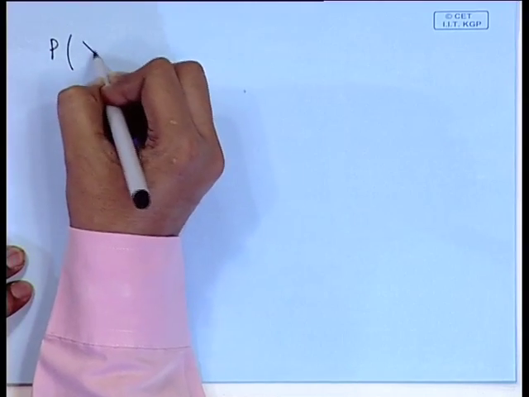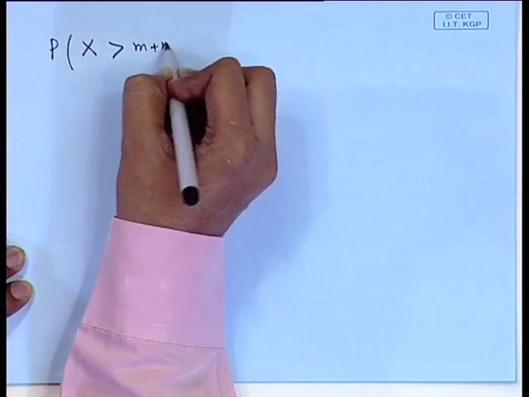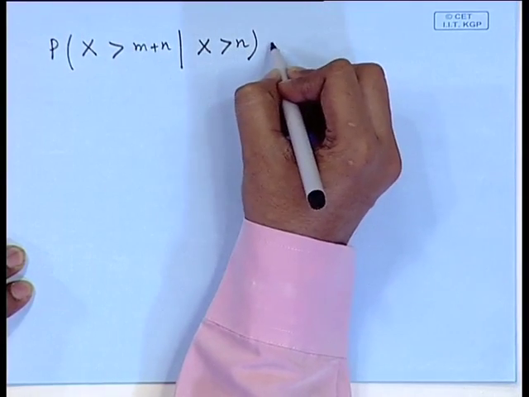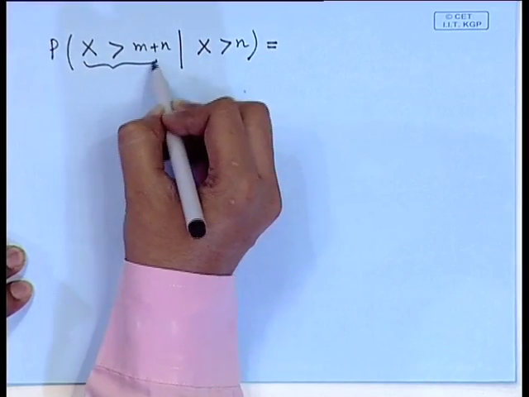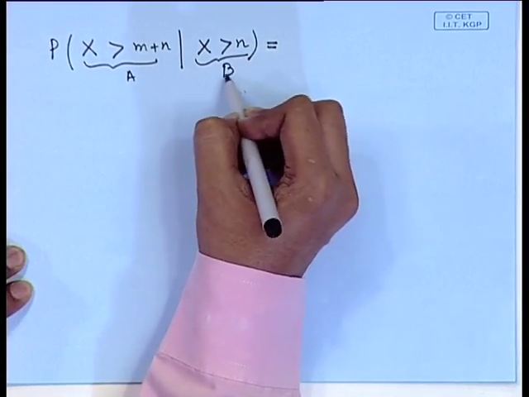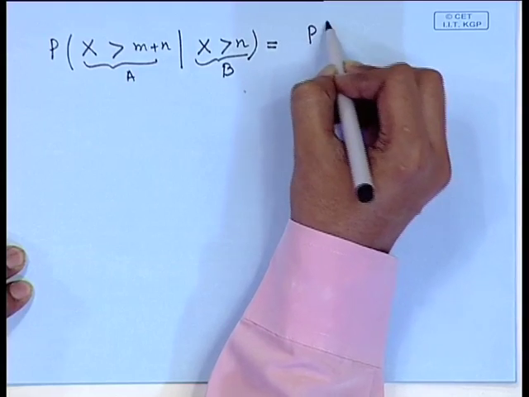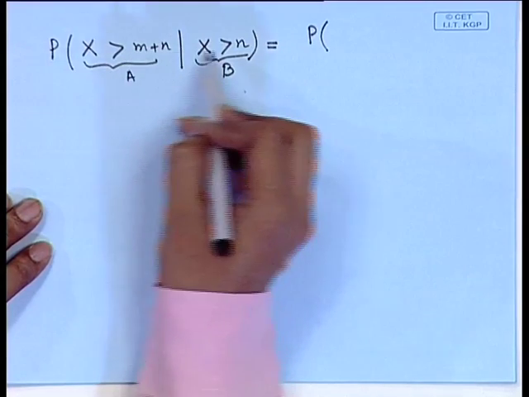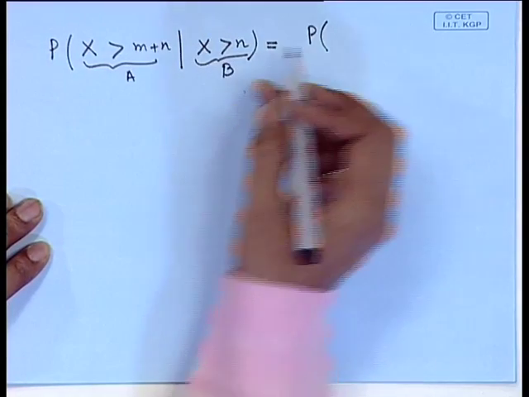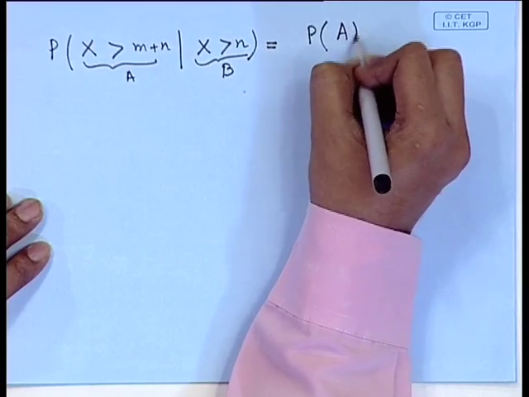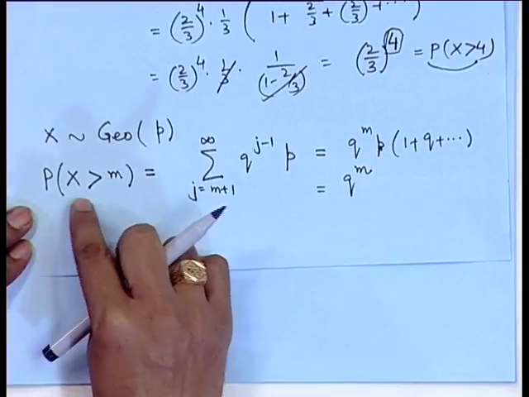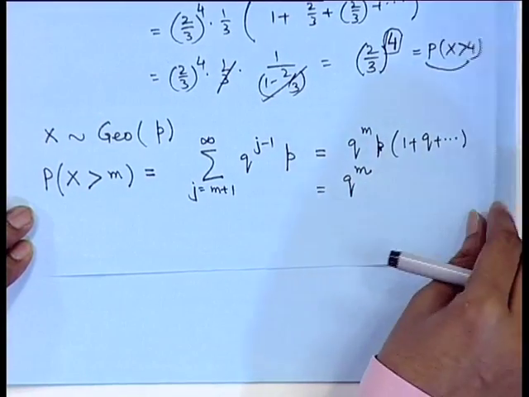Let us consider probability X greater than m plus n, given that X is greater than n. Now, suppose I consider this as event A, this as event B. So, this is conditional probability of A given B, it is equal to probability of A intersection B. Now, if you look at the sets A and B, then clearly A is a subset of B. So, this becomes probability of A divided by probability of B. Now, by the formula that we have developed just now, probability of X greater than m is of the form q^m.